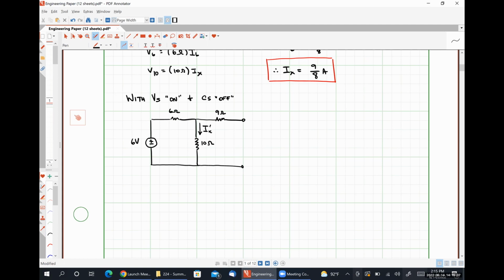If there were 3 sources, I would have an IX triple prime. If there were 10 sources, I would have an IX to that X power. Okay. All right, so how might we go about determining this current IX prime when our current source is off? Anybody have any thoughts?